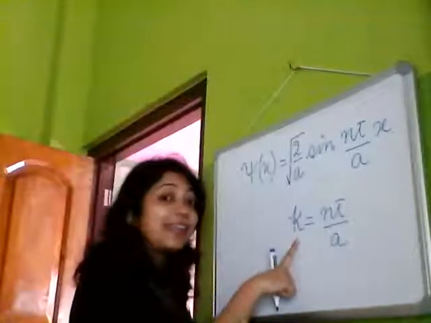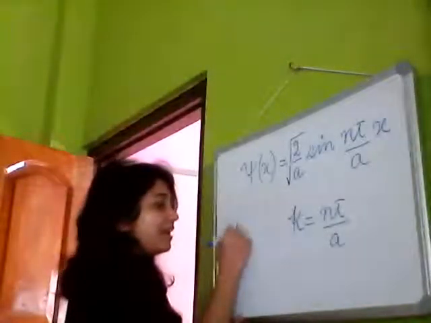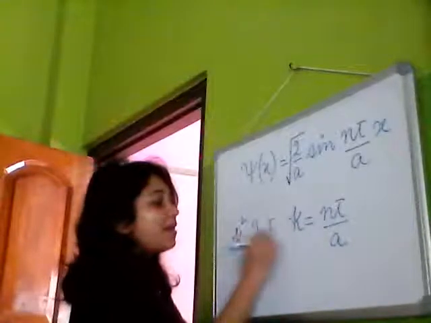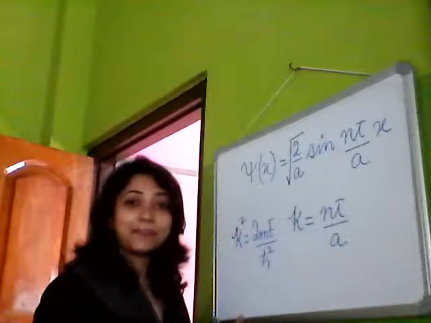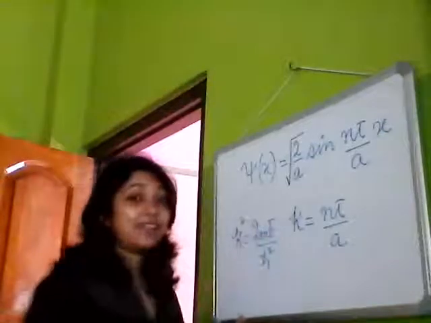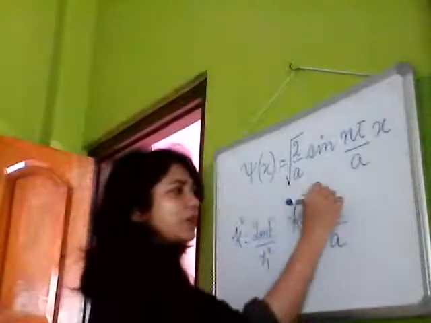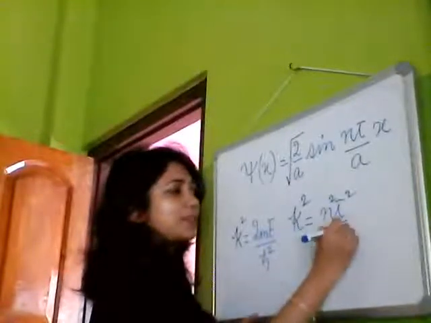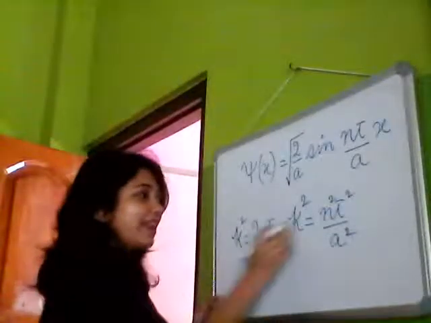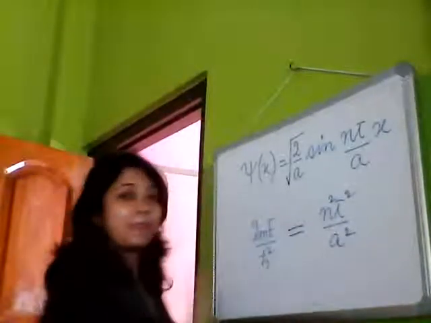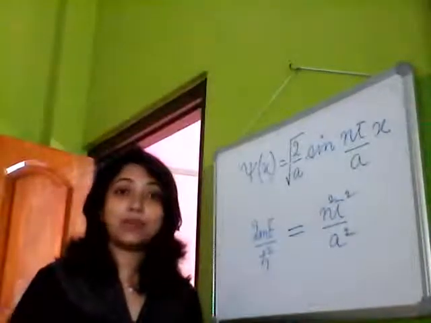And from where did we get that k? Remember, k square was twice mE by h cut square, where E is the energy of the system. So can I not write then that k square is equal to n square pi square by a square? And when I equate these two, what am I going to get?